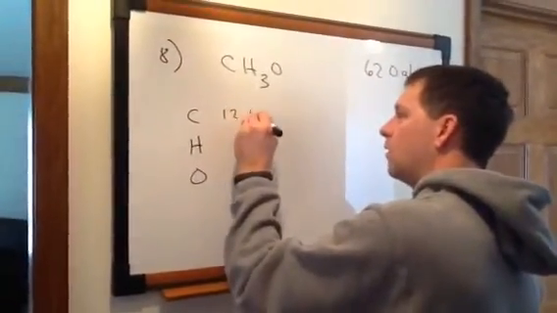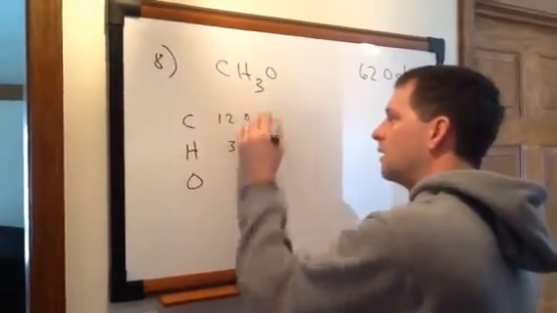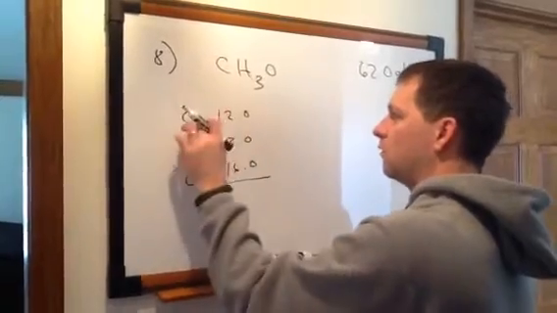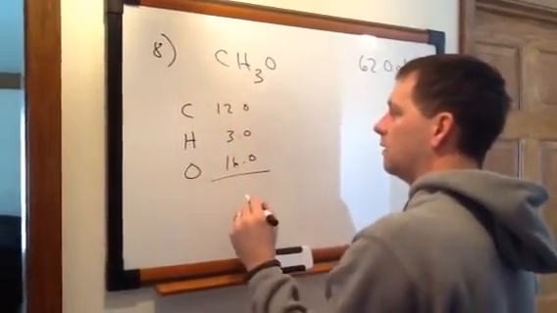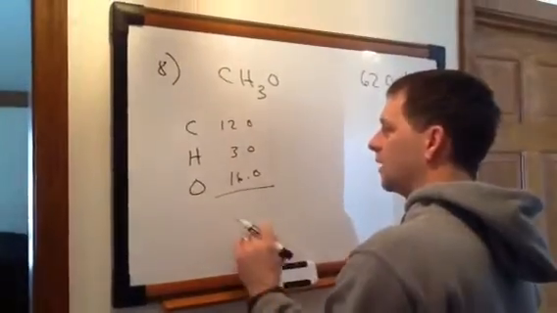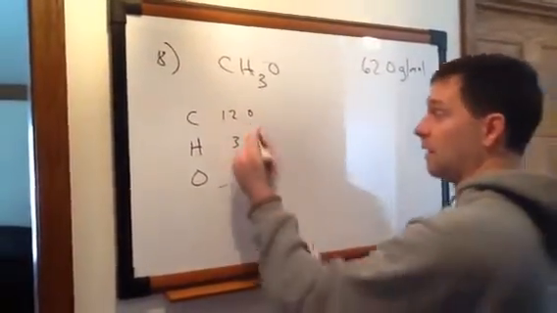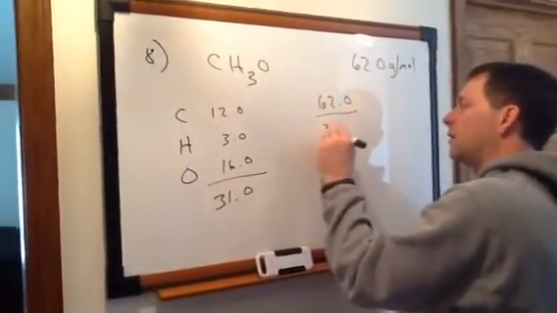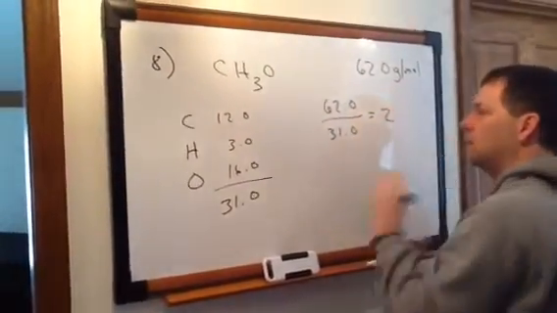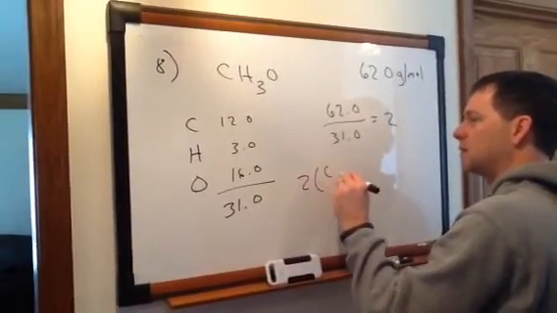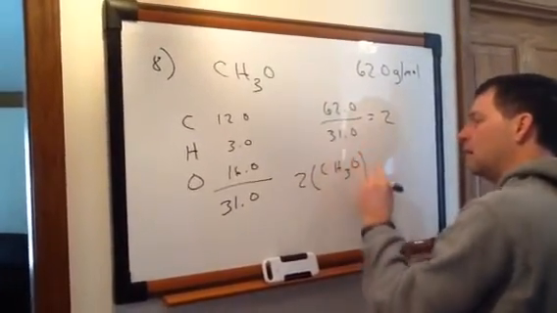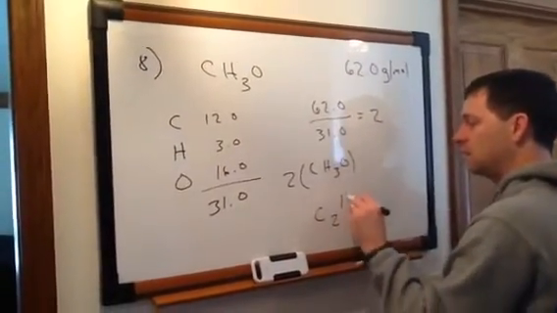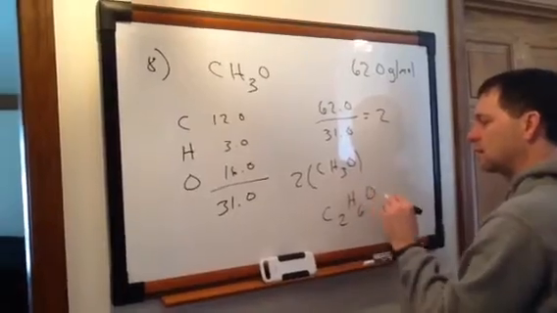That'll be 12. 3 times 1 is going to be 3, and O is going to be 16. 12 times 1, 3 times 1, and 16 times 1, the number of atoms times the number from the periodic table. Add them up, and you get 31.0. 62.0 divided by 31.0 is going to equal 2. So we have to take 2 times CH3O. So the final answer then for the molecular formula will be C2H6O2.